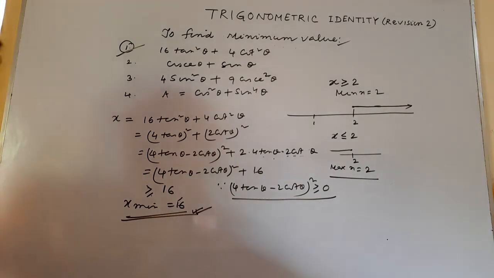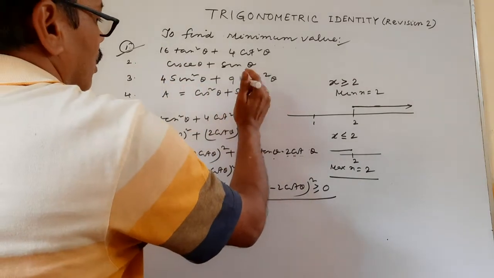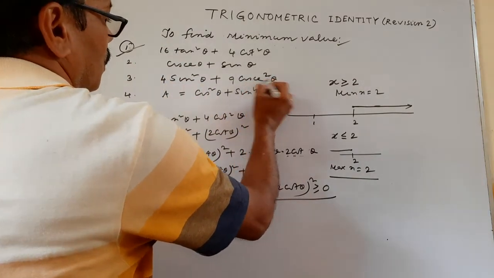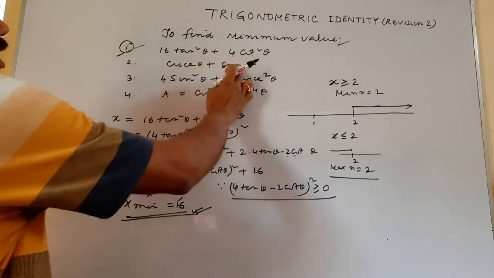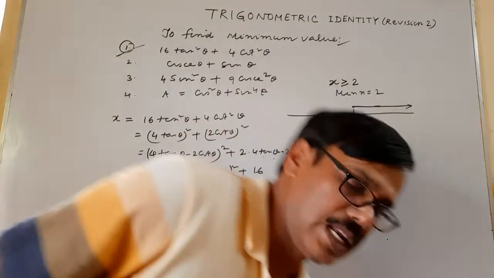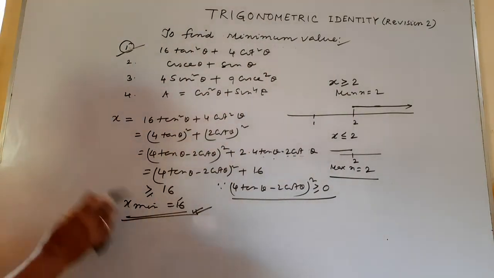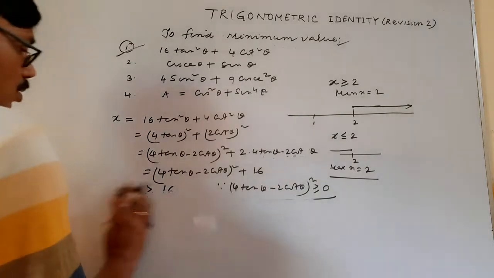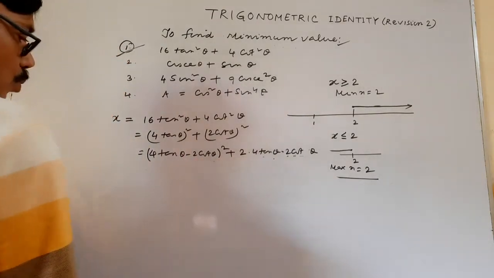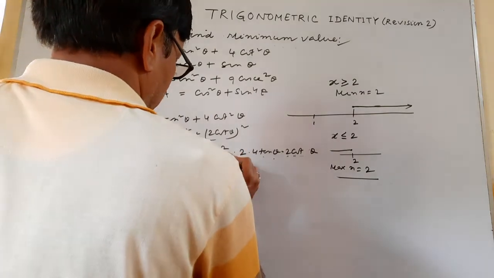Now look, they are of the same type. This is problem 2, and this is problem 3. Cosec, sine, they are reciprocal values. Now you may say, we can also use this formula, (a plus b) whole square minus 2ab.